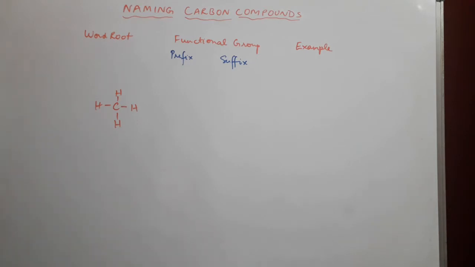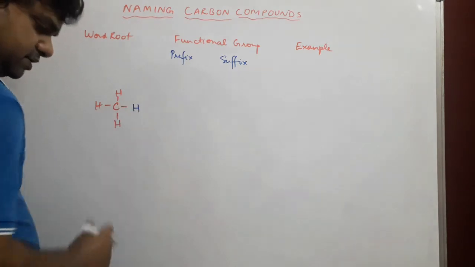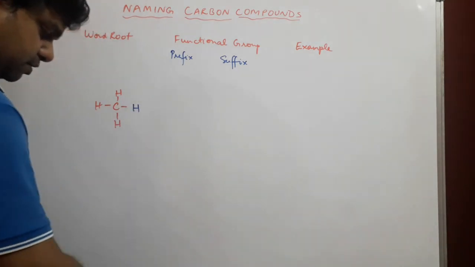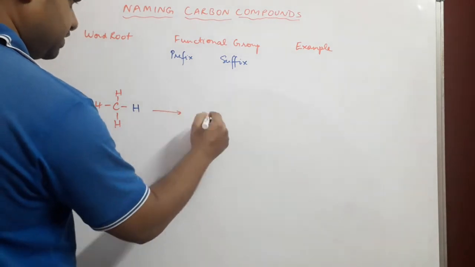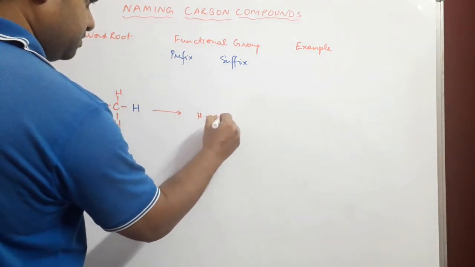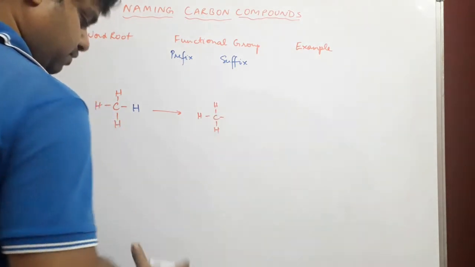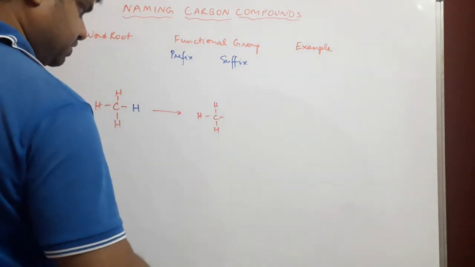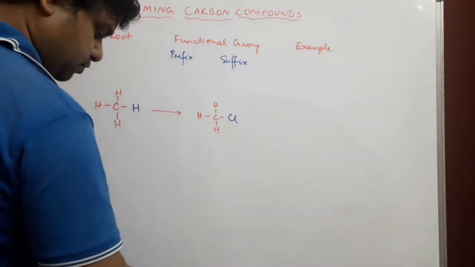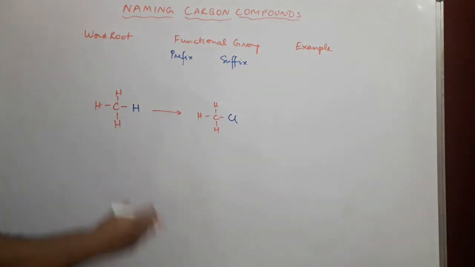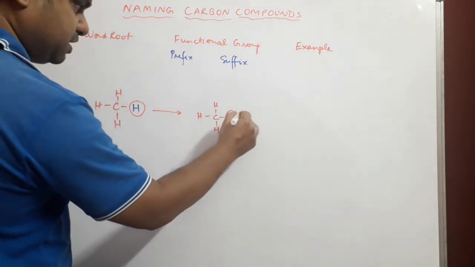Let's say this hydrogen atom, which I'm marking now, is replaced by a chlorine atom. So let's see a transformation wherein methane gets converted to what we can call chloromethane. Notice what is happening over here: this hydrogen atom is being replaced by the chlorine atom.